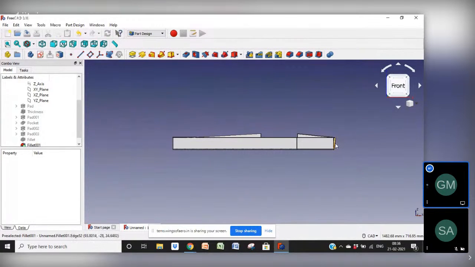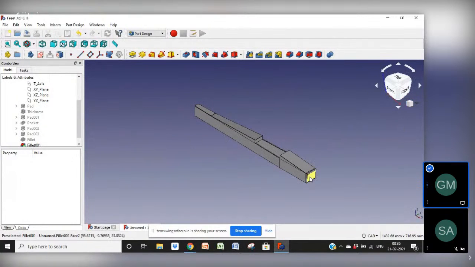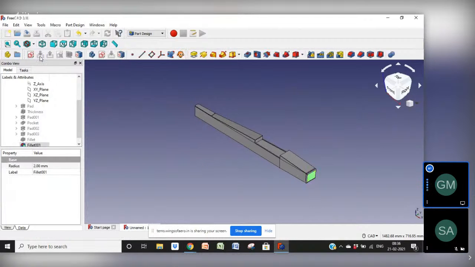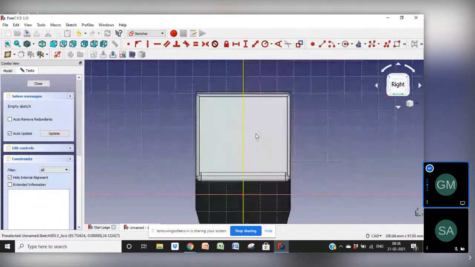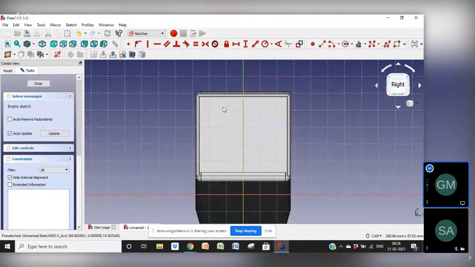I am making the motor here. Propeller and wing and other things would be made tomorrow. Here it is, sketcher. We need to sketch on this part only. This square, taking circle. This would be the center approximately.